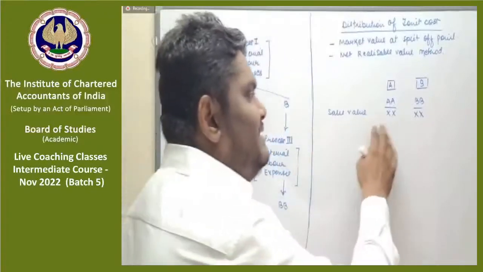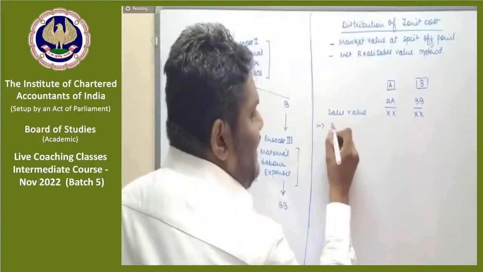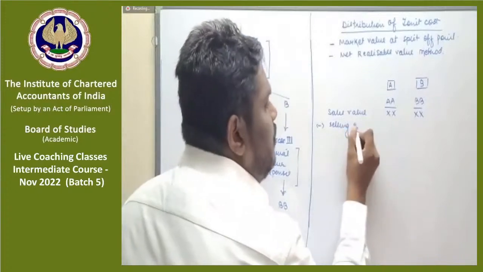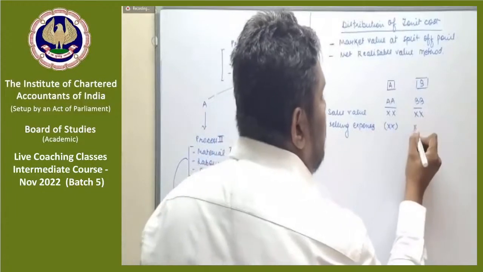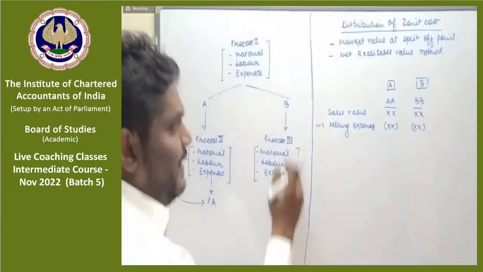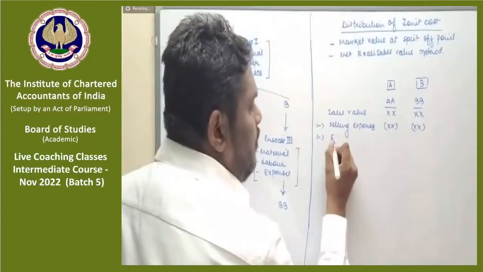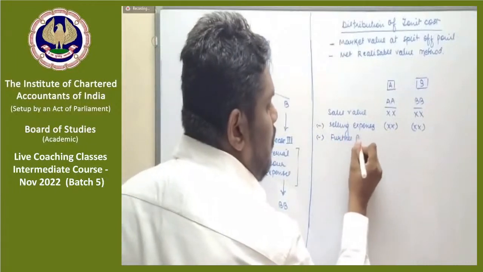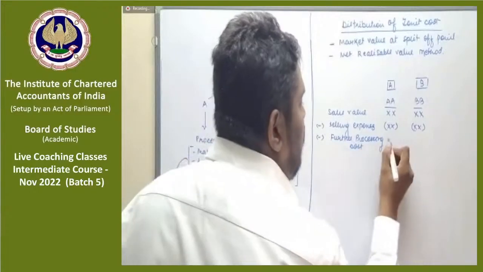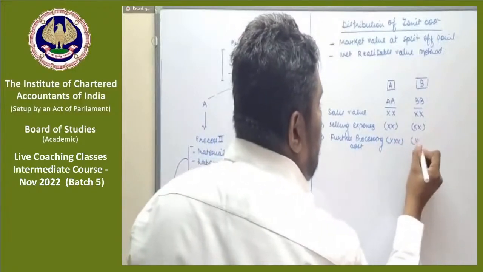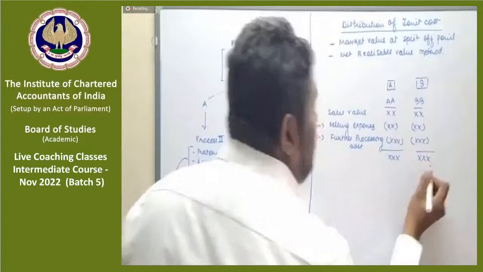From this, we will deduct all the selling expenses incurred to sell double A and double B. Further, we will deduct all the further processing costs to get the dummy market value of A and B.